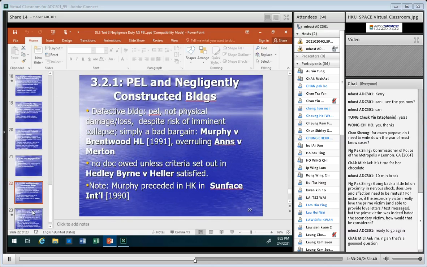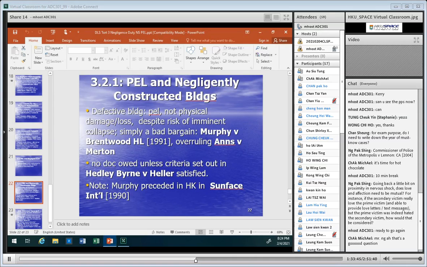Pure economic loss and negligently constructed buildings though, so we're looking at negligent acts here with regard to buildings, okay, and remember, if you buy a defective building and you suffer loss, well, that's pure economic loss. Is a duty of care owed to you? Well, only if you can show sufficient proximity, okay?